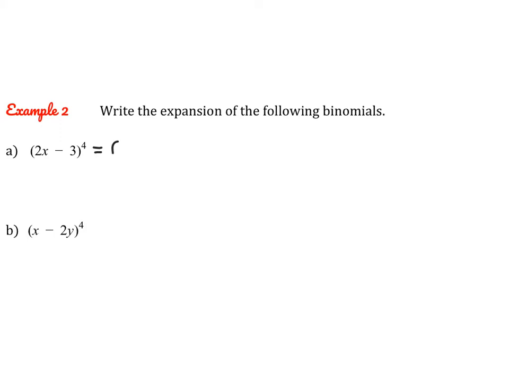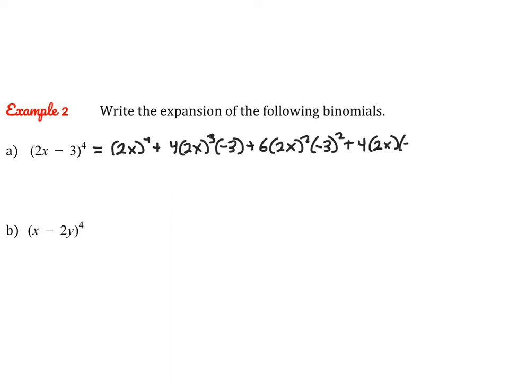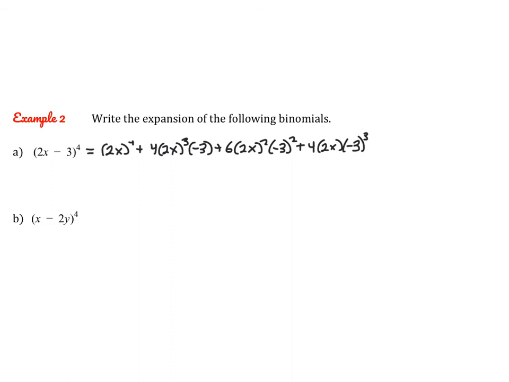So we have 1 times our x value to the 4th, plus 4 times our x value cubed times our y value, which is -3, plus 6 times our x value squared times our y value squared, plus 4 times our x value times our y value cubed, and then we have plus our y value to the 4th times 1.